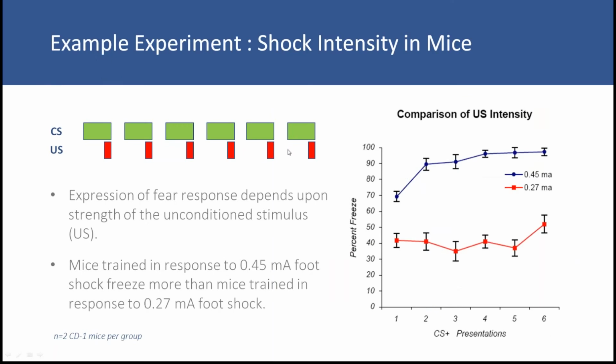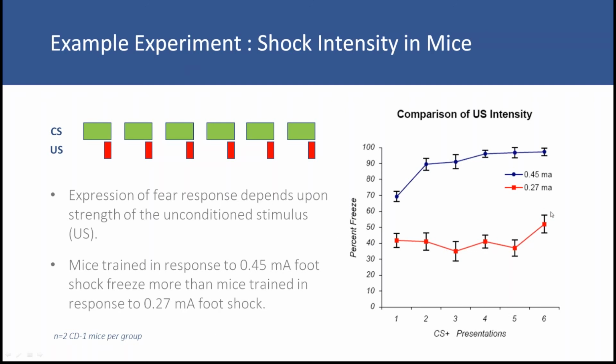The last example I want to show you is an example of shock intensity in mice, just to illustrate the concept that the amplitude of the aversive stimulus, or the unconditioned stimulus, can also impact the behavioral outcome. In this experiment, we had 2 groups of CD1 mice.